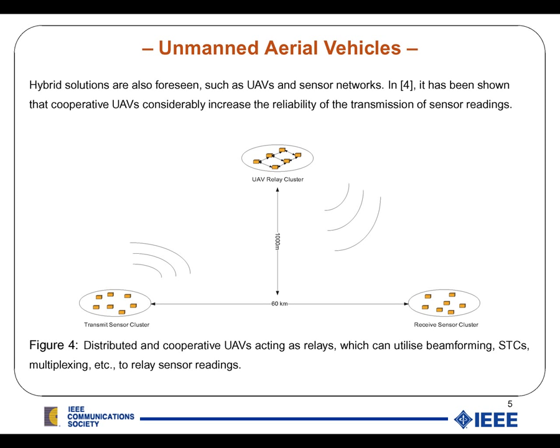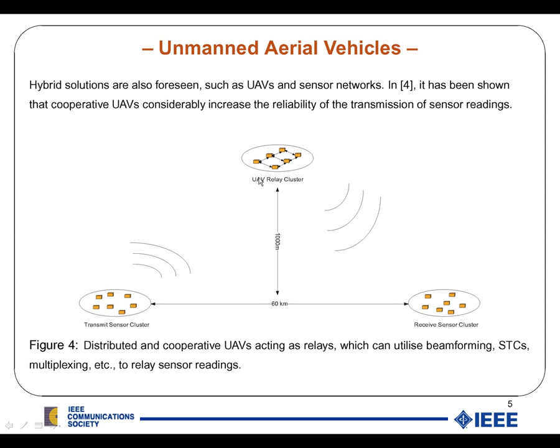Another example are unmanned aerial vehicles, where you would have a cluster of sensors here in a certain area which transmit wirelessly their data to an unmanned aerial vehicles cluster. These perform some form of cooperation and then in a cooperative manner transmit that down to either some receiving clusters or to some processing units.